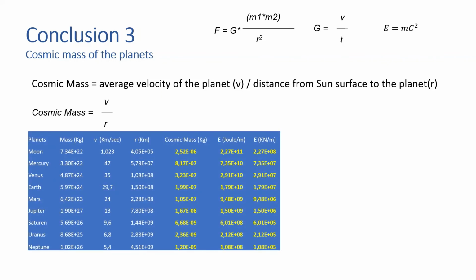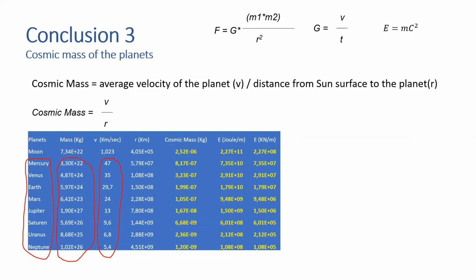I've come to this table, where we can find the planets in this column, and we can also see the actual mass of the planet, measured by the density of the planet multiplied by the size of the planet, and we have the average velocity of the planet shown in this column.